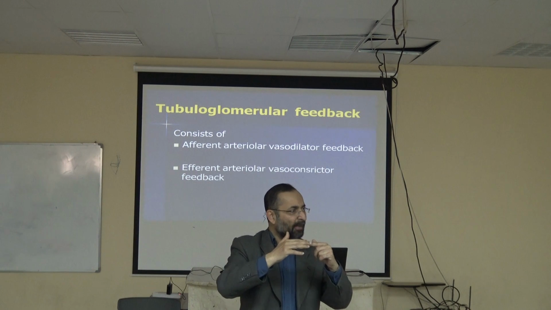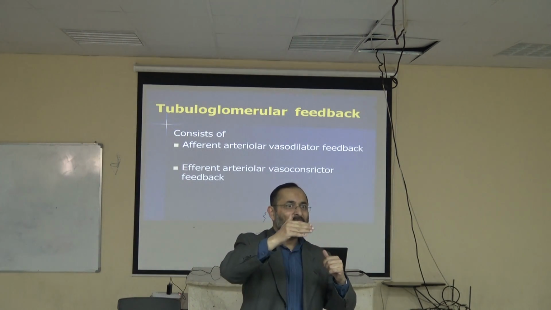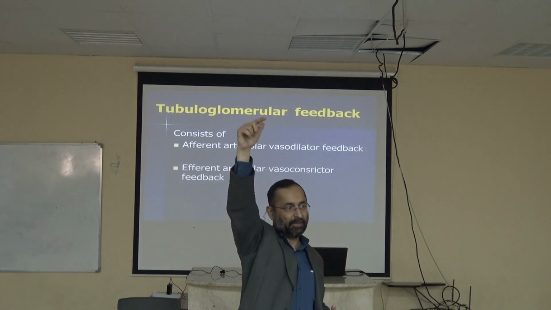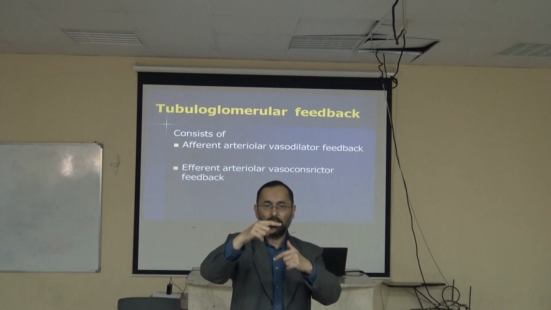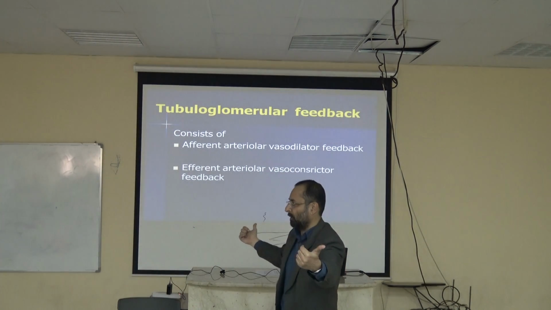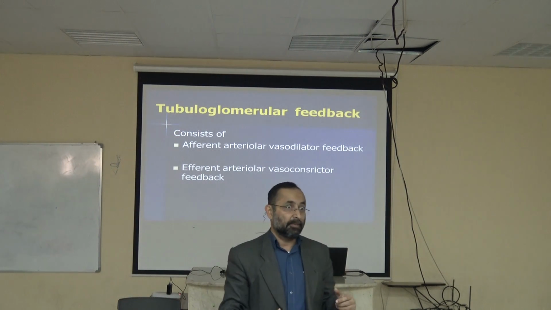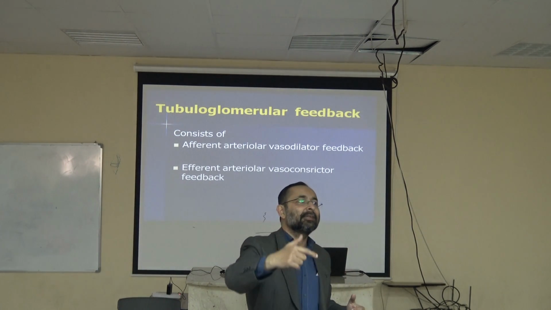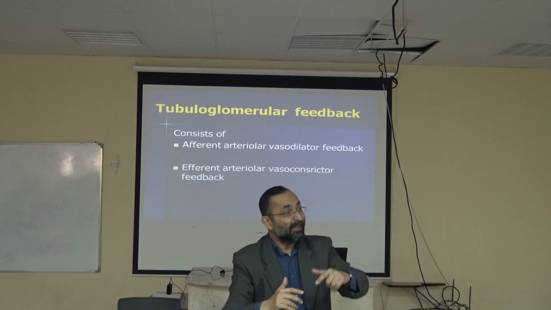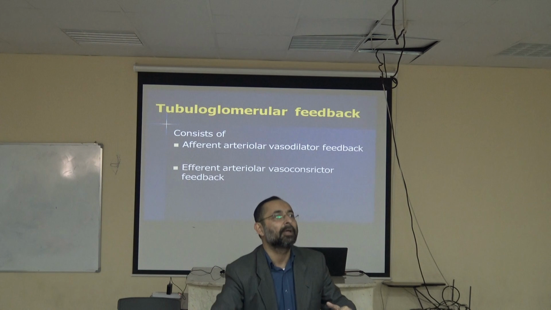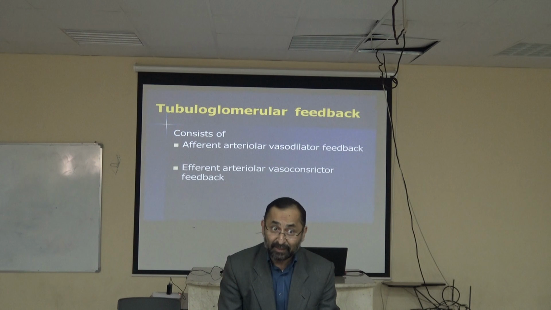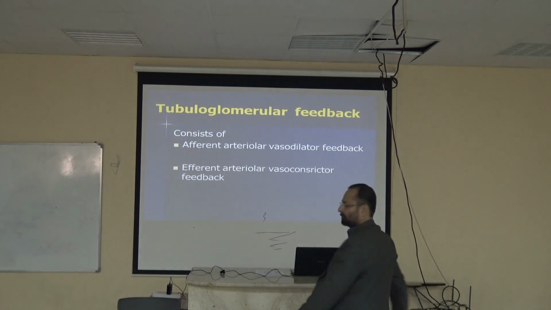A positive feedback system will keep on increasing an effect or decreasing an effect. It is going in one direction only. So a positive feedback system is going forward and forward and forward, or backward and backward and backward, in one direction only. The negative feedback system is very special. If anything is increasing in your system, it will try to decrease it, getting back to normal. If anything is decreasing in your system, again it will work and try to bring it up to the normal value. Now, what do you want? Negative or positive? Negative.